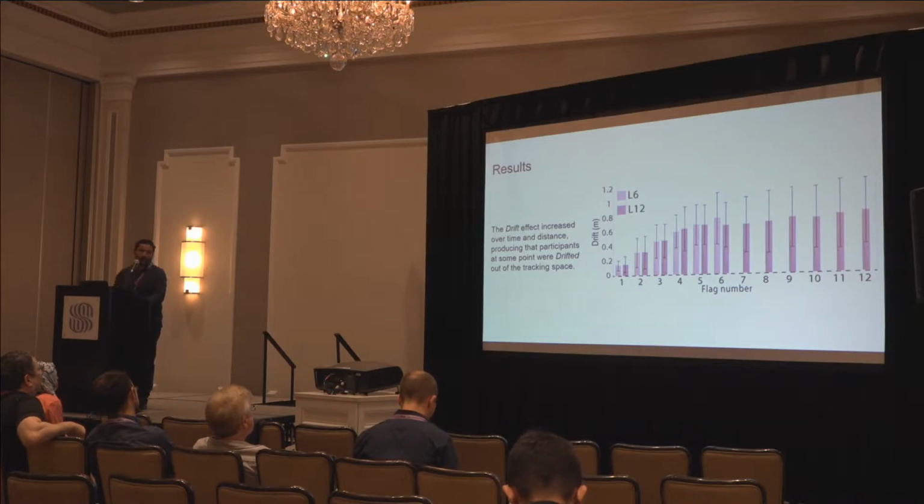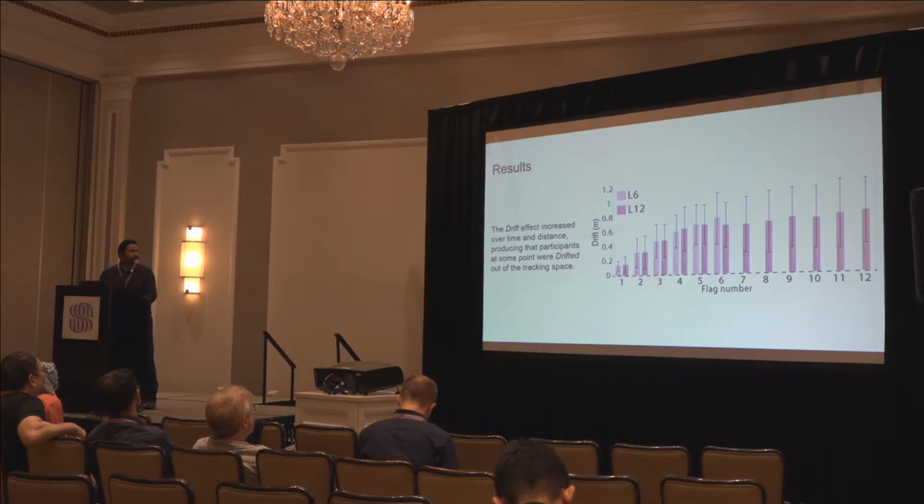The result of the accumulated drift during the experiment is shown here. You can observe a quick increment of the drift from flag 1 to flag 6, and a kind of stabilization effect from flag 7, which is still growing but in a much slower progression.